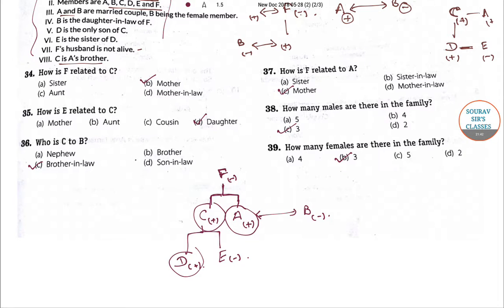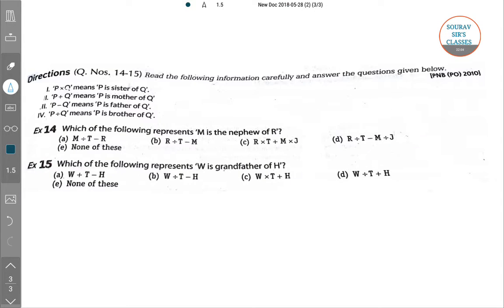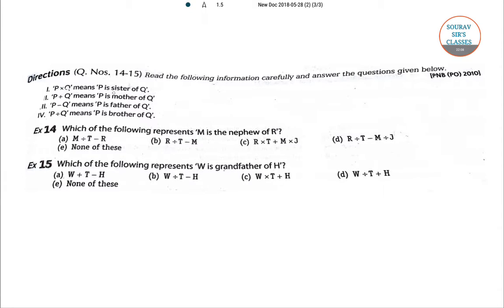So this is how we solve puzzles based on blood relations. But sometimes these blood relations are given symbolically. For example, here we have the following question where the symbol cross means sister.